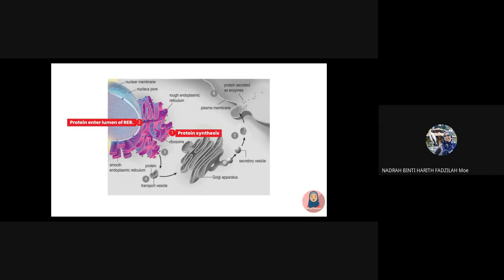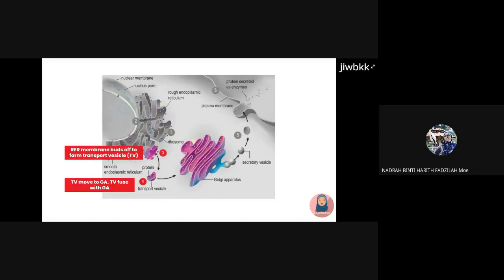Dia masih lagi bentuk rantai panjang without any specific shape or without the active site. So the protein produced by ribosome will enter the lumen of rough endoplasmic reticulum and goes to the end of rough endoplasmic reticulum. Kemudian akan pergi ke step nombor 3 ya.